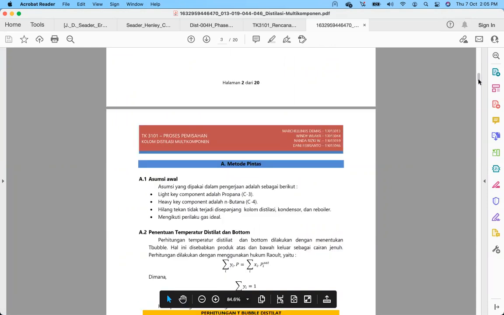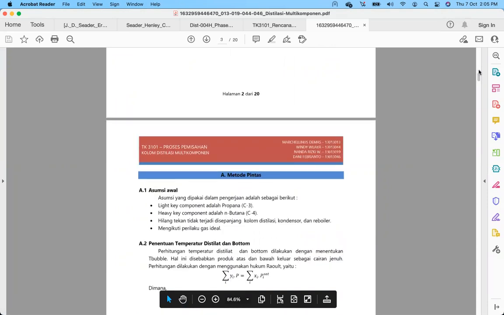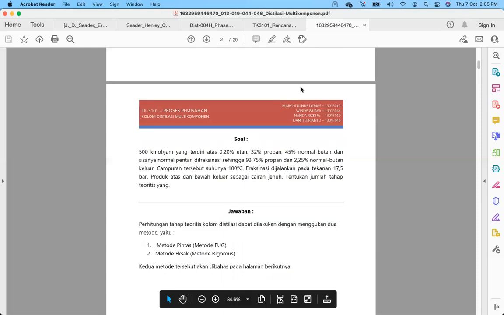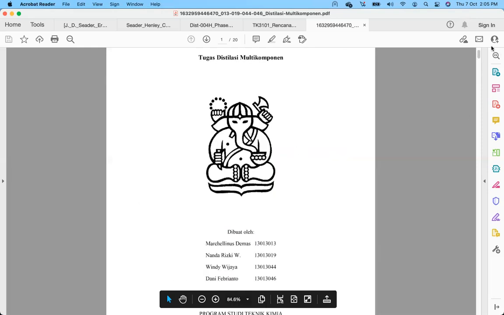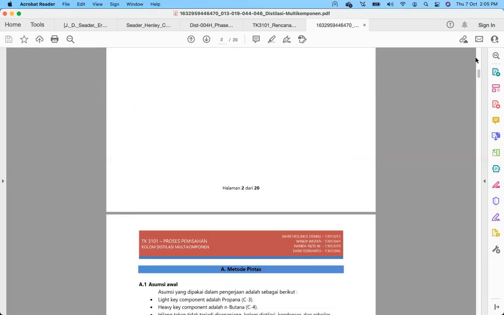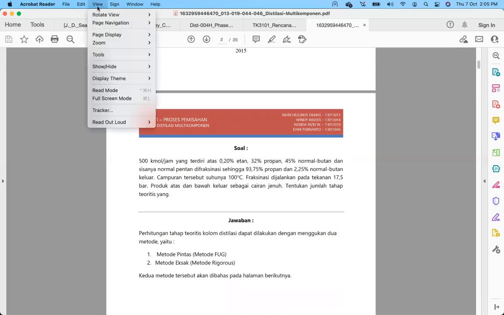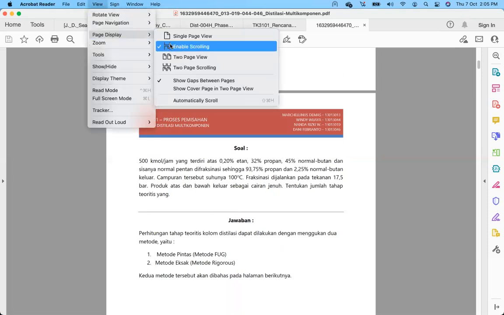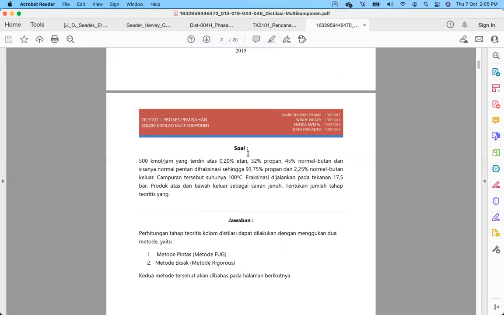Okay, let's check. In the problem, they have 4 components.